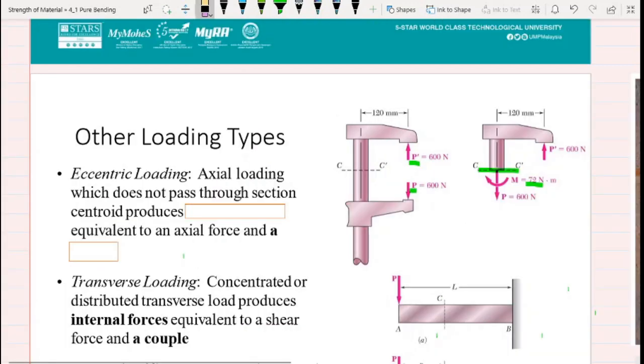So we can say that eccentric loading is when axial loading, which does not pass through a section centroid, is going to produce internal forces equivalent to an axial force and also a couple or a moment.